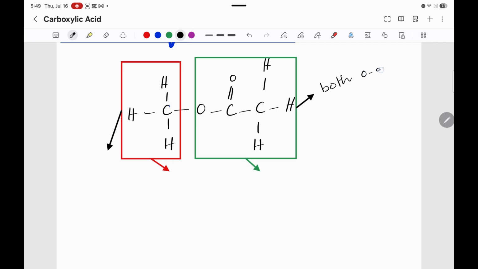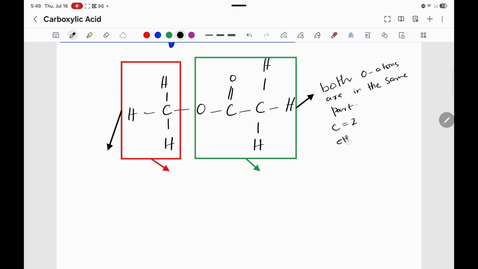Both oxygen atoms are in the same part. And how many carbon are there? There are two carbon.